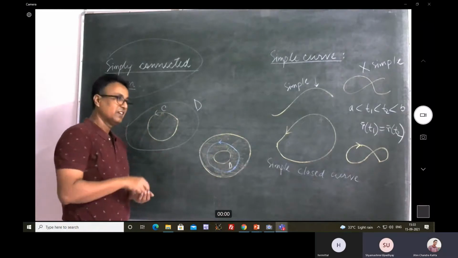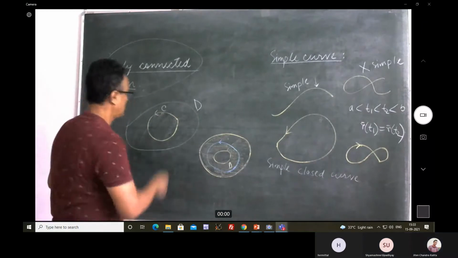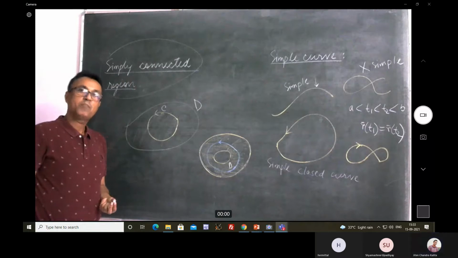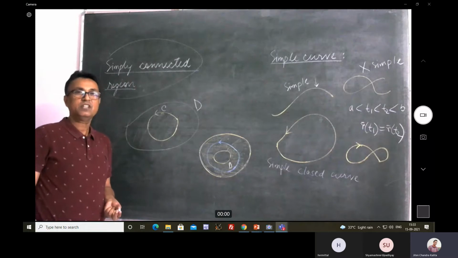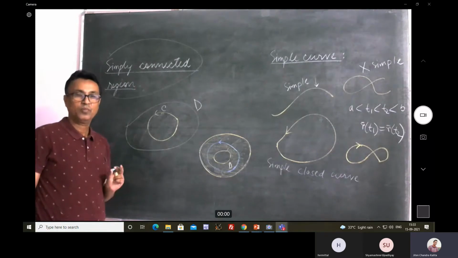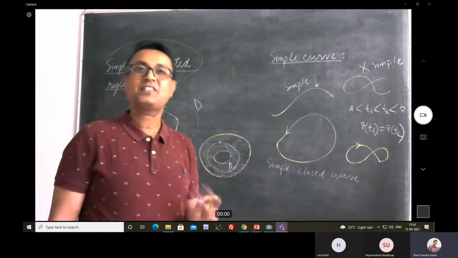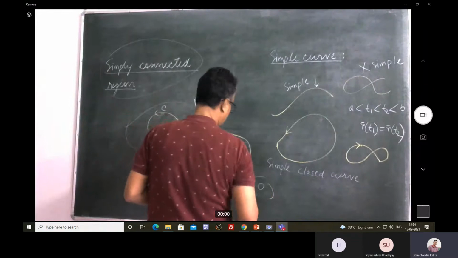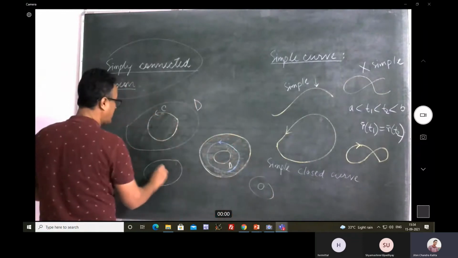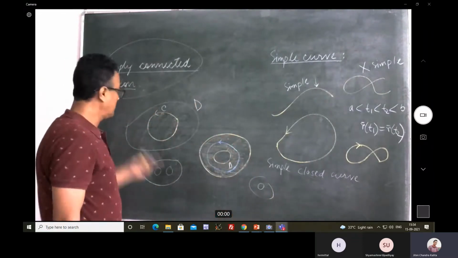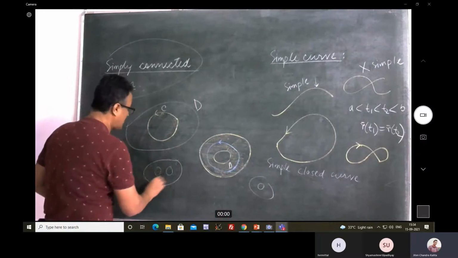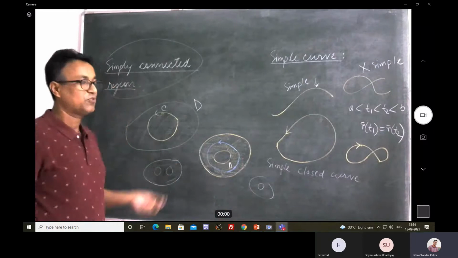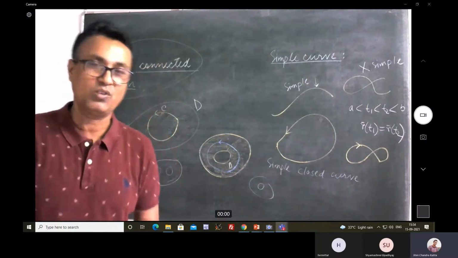Right? So basically, a region stops being simply connected when it has some holes. Whenever you have holes, maybe more than one hole, then this kind of region is not simply connected. It will be called a multiply connected region. Later on, you are going to see.